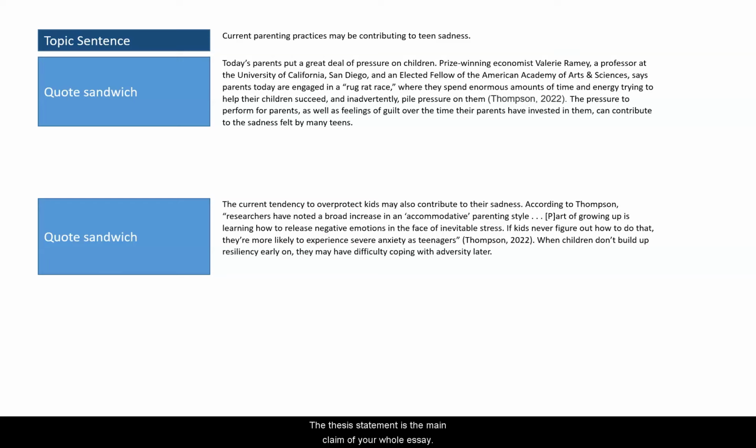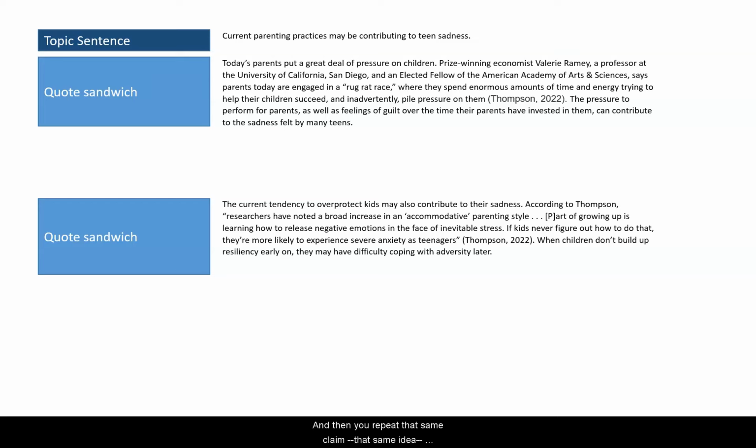The thesis statement is the main claim of your whole essay, and you state that in both the introduction and the conclusion. Well, within your paragraph, you have a claim that you're going to present in that paragraph, and you explain that to your reader in the topic sentence, which works almost like a little mini introduction to your paragraph.